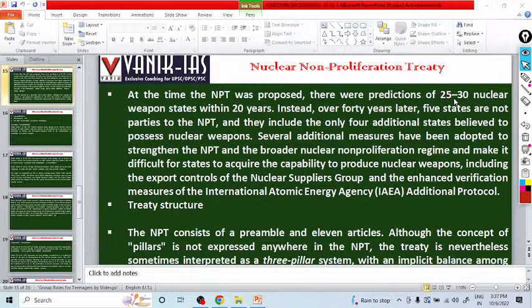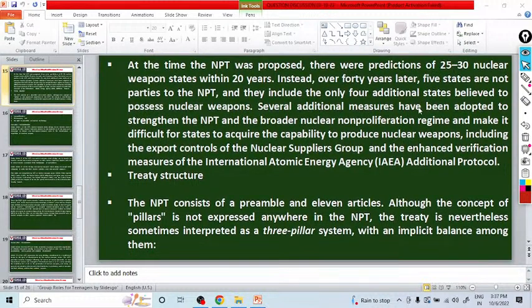Fine. The treaty structure: the NPT consists of a preamble and 11 articles. Although the concept of pillars is not expressed anywhere in the NPT, the treaty is nevertheless sometimes interpreted as a 3-pillar system with an implicit balance among them.